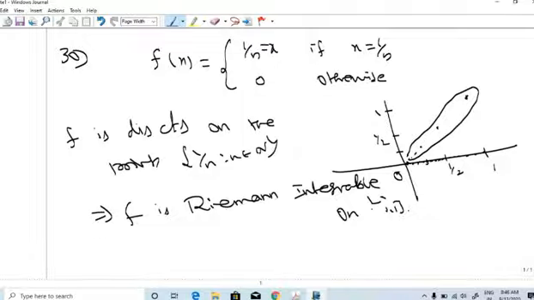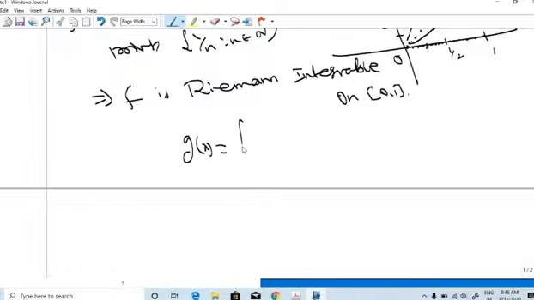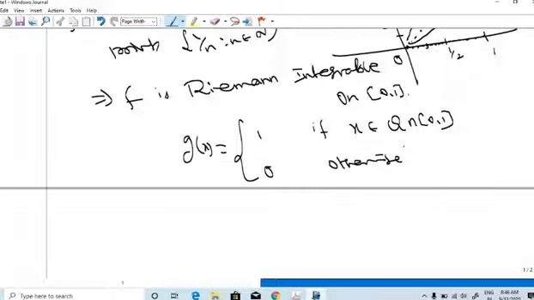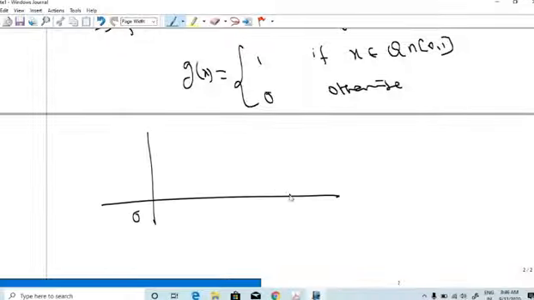Now, if we look at the other function g, g of x is defined to be 1 if x is a rational number in the closed interval [0, 1], and 0 otherwise. So if we take any partition of the closed interval [0, 1], with points x0, x1, x2, x3, and so on, each interval contains both rational and irrational numbers, right?